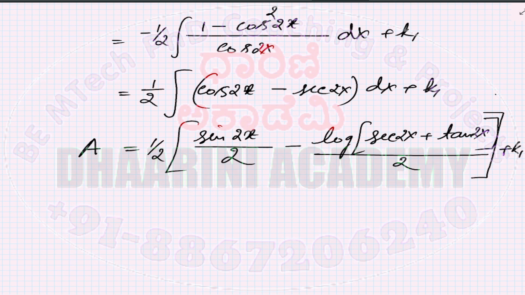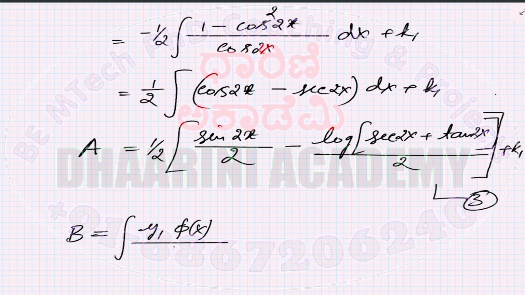So this is the A. Now I'll calculate the B. Let's call this equation number 3. So to start with, B is equal to, the equation says, integration of y1 into phi of x by w dx plus a constant k2.